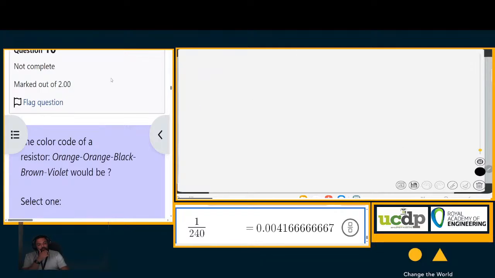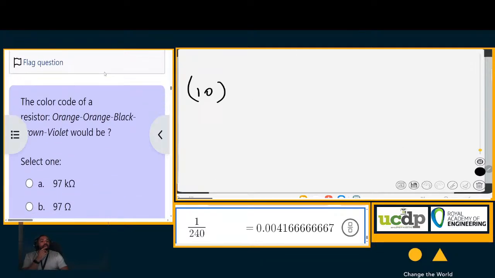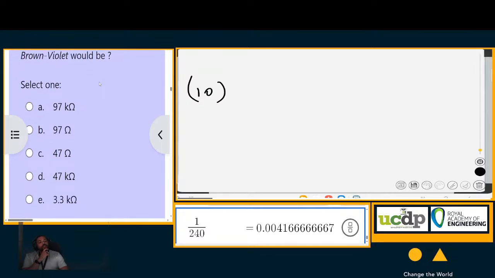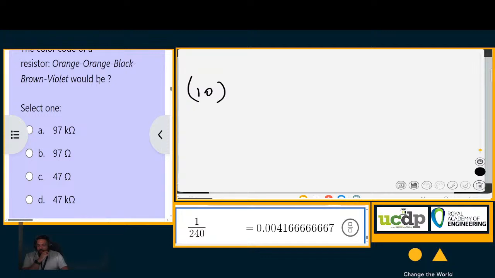Number 10, and final question for today. The color code of a resistor: orange, orange, black, brown, and then violet. I'm going to give you the values.